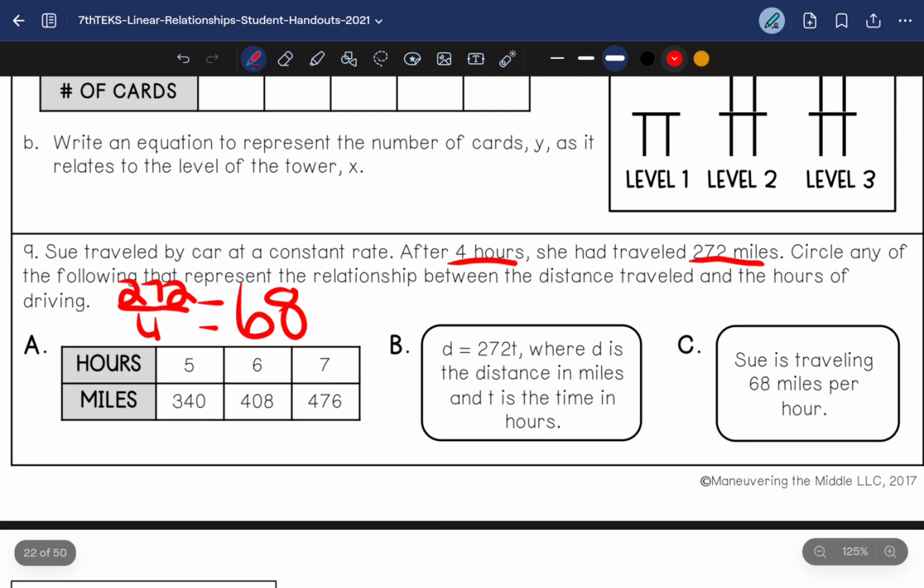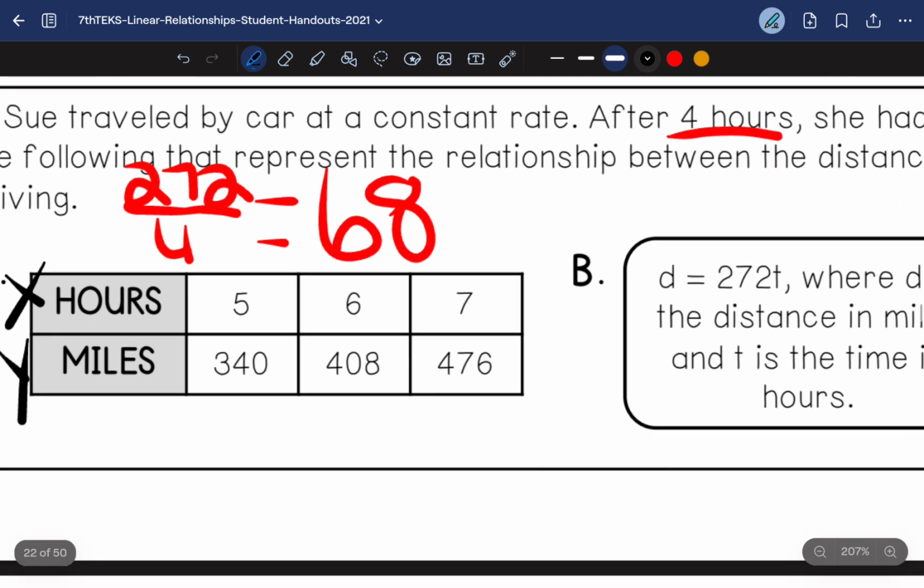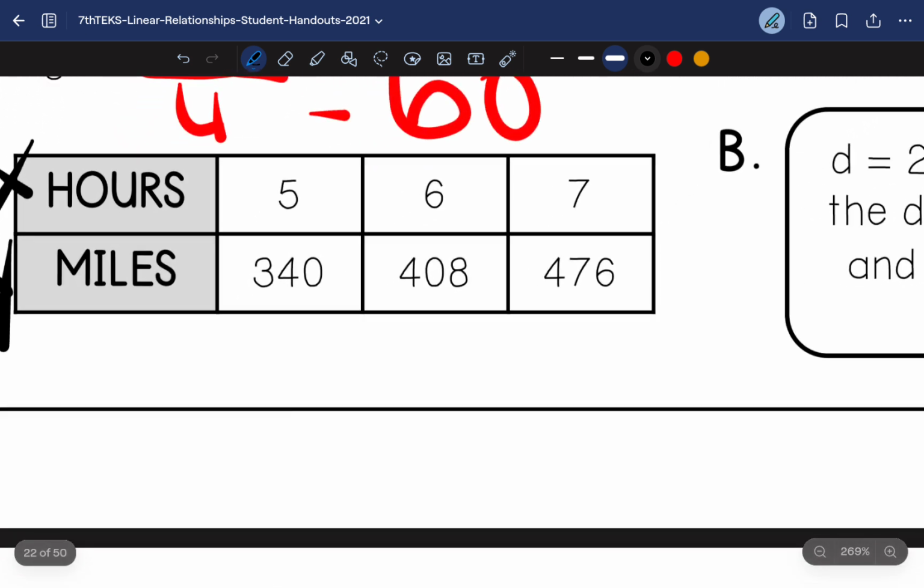So for A, it has a horizontal table. So the X values are hours and the Y values are miles. I need to divide to determine if it equals 68. So I have to do 340 divided by 5.